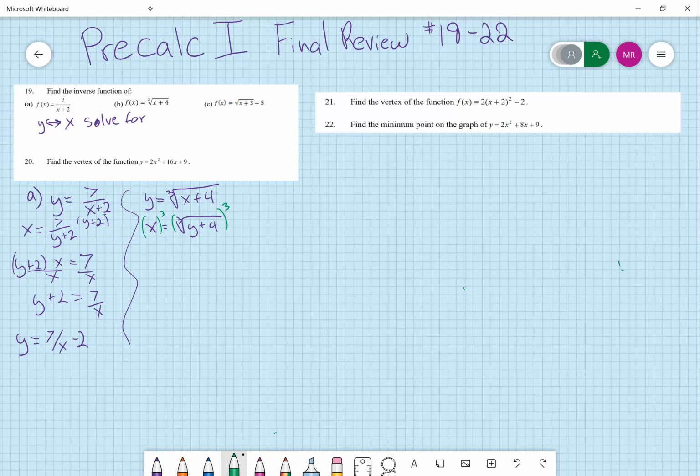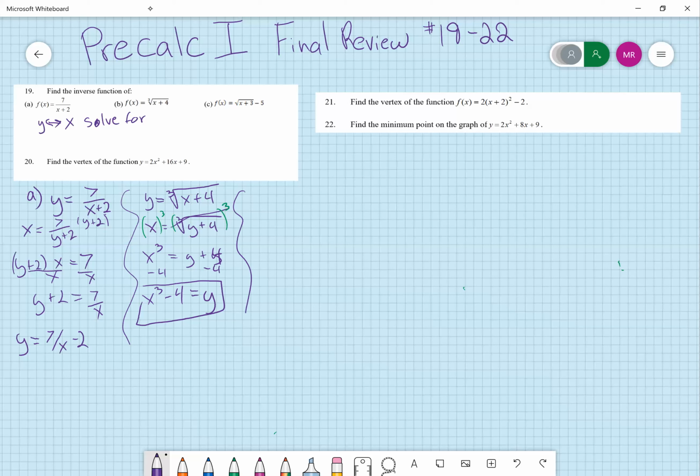So if we cube each side, that allows us to get rid of this cubed root. Then we're left with x cubed equals y plus 4. If we subtract 4 from each side, we're left with x cubed minus 4 equals y. And that's our inverse function.